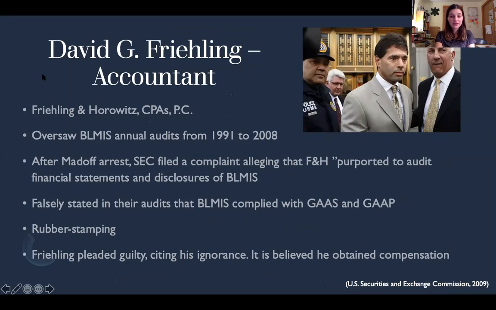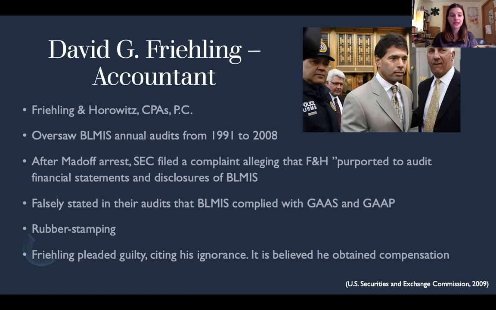Next we have the accountant. His name is David G. Friehling. He is part of Friehling and Horowitz CPAs. He oversaw the annual audits from 1991 to 2008. After Madoff was arrested, the SEC filed a complaint alleging that Friehling and Horowitz purported to audit financial statements and disclosures of BLMIS.